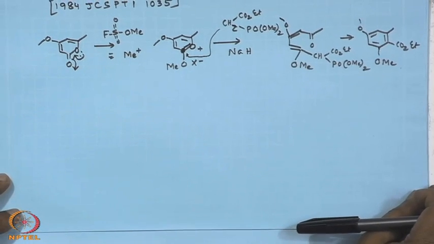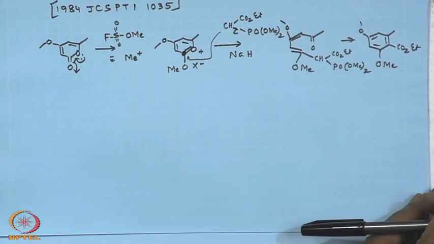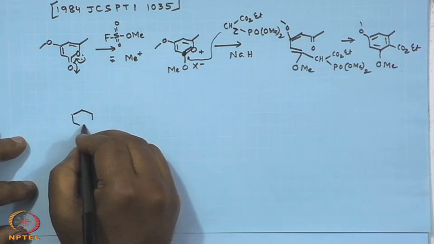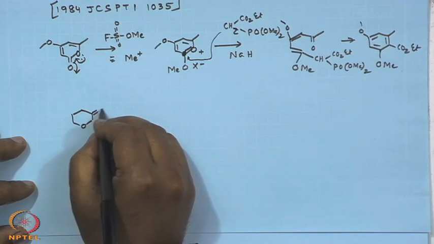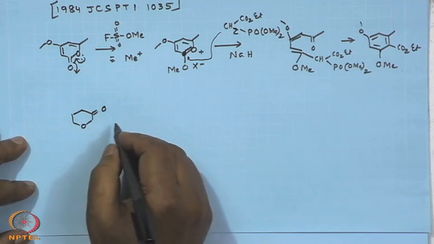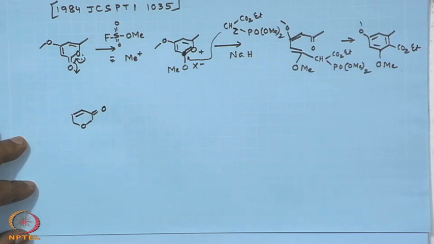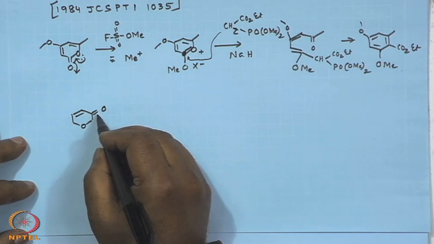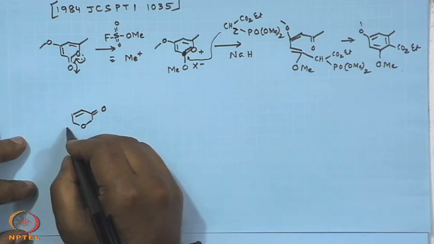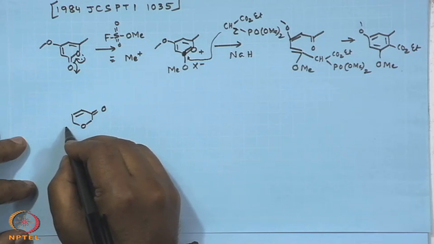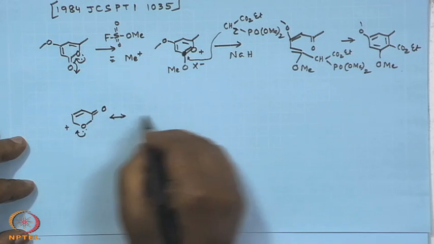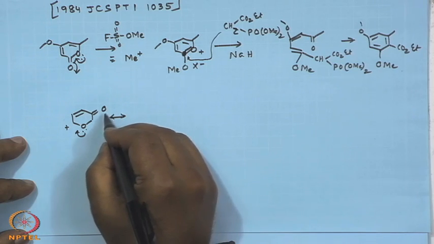Now the situation is if you have a 3-pyrrone system, that means what I am talking about is something like this. So, basically with respect to oxygen the keto is at the 3 position. So, 3-pyrrone. Now, if you have a cation of this kind, for example in this case, we can see that you will have a nice resonating structure.